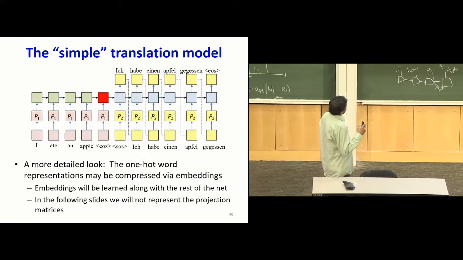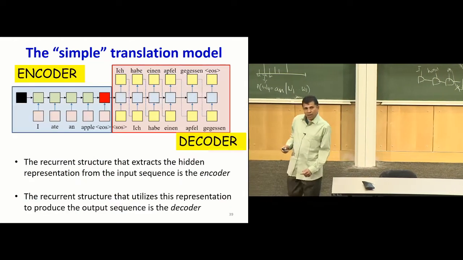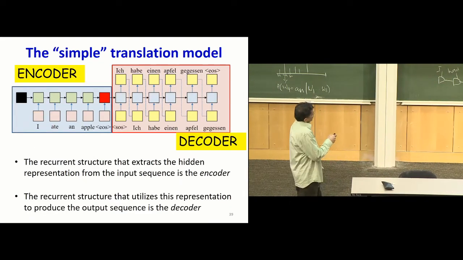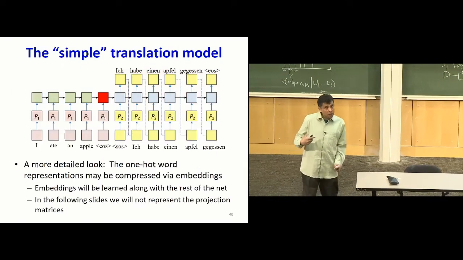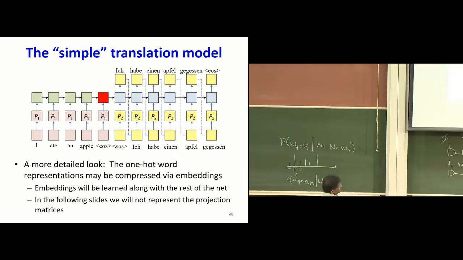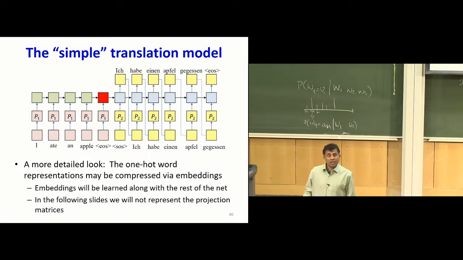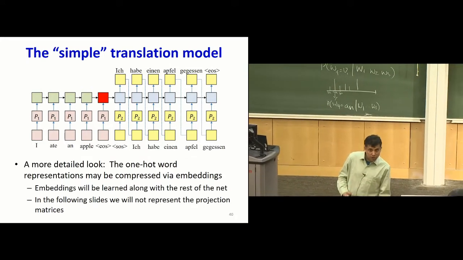Now let's take a closer look at how this is done. In all of my figures, I've just shown the words going in directly. In practice, the words are not going to go in directly. The words are always represented as one-hot vectors, and these are projected down into embeddings using some projection matrix.